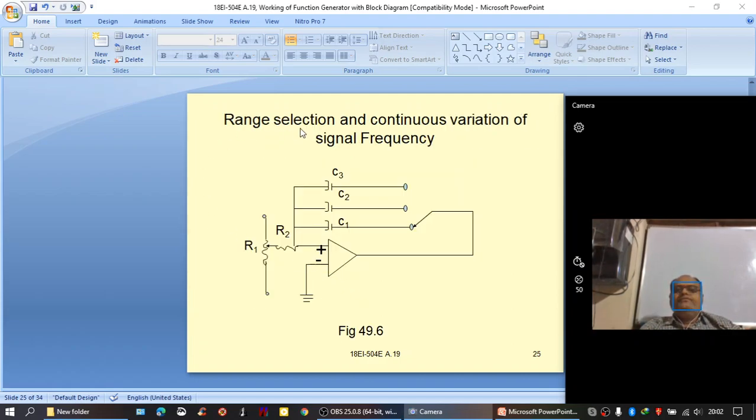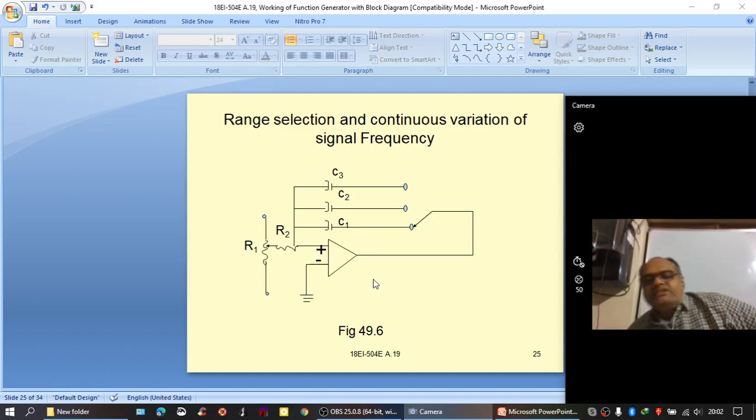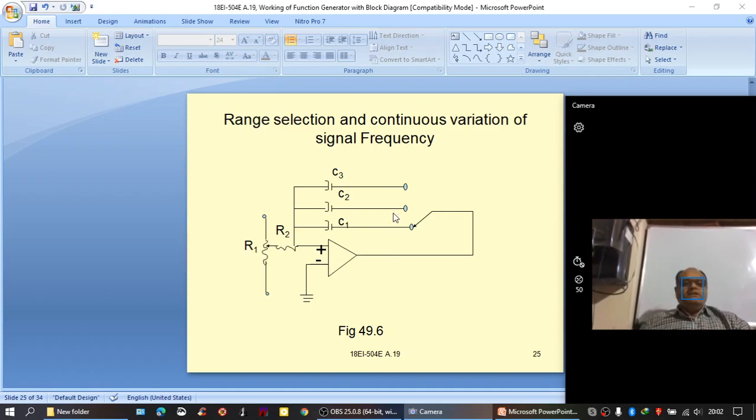Range selection and continuous variation of signal frequency. Now here in the function generators which were available commercially, we have seen that different frequency select switches are there, and similarly, a continuous or fine adjustment of frequency was also there. How was that achieved?